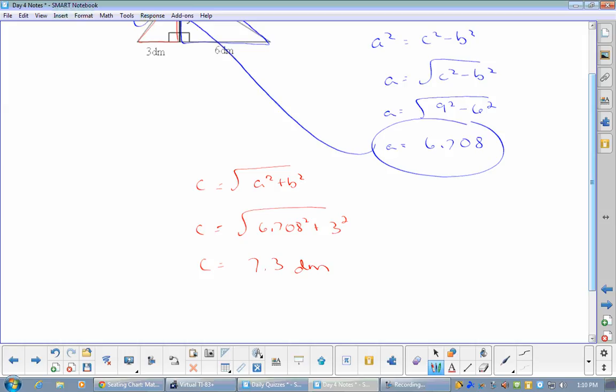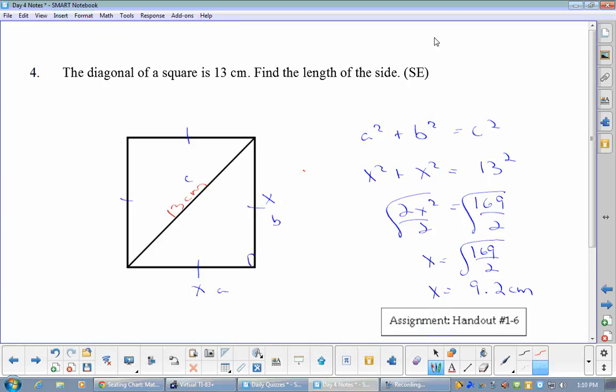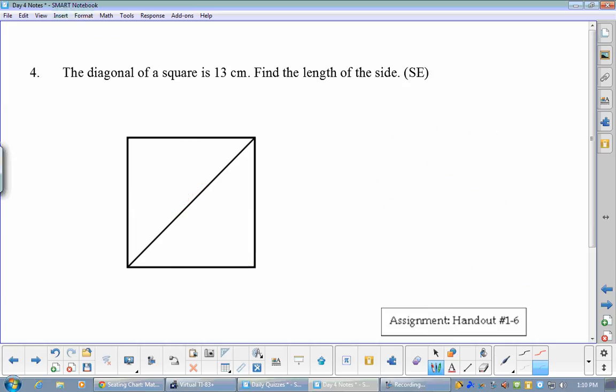Okay, we're just going to do one more because it's a bit trickier. Okay, don't look. Hide your eyes. So it says this is a square and there's a diagonal drawn right through it. So you don't have that diagonal, do you? So just draw a diagonal from corner to corner.